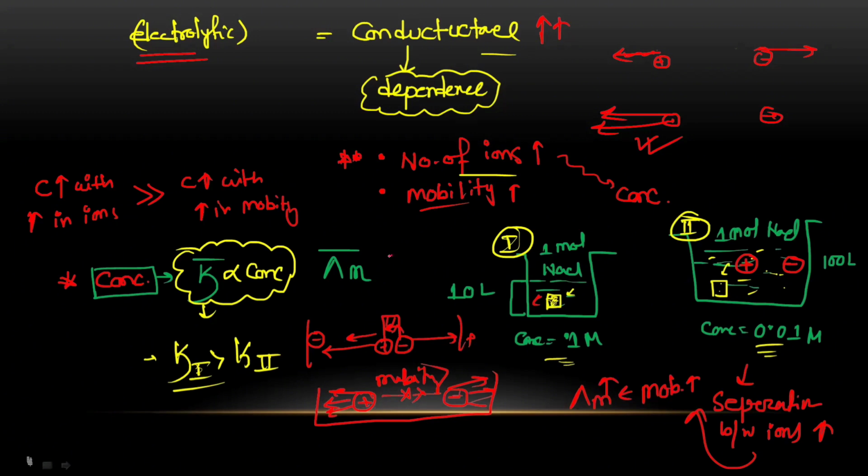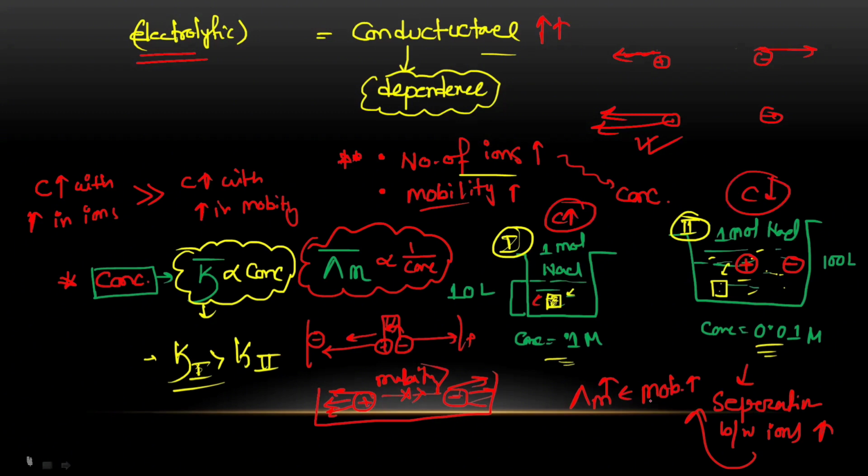For lambda m, this is basically proportional to 1 by concentration, isn't it? In dilute solution the concentration is less. Here concentration is lower, here concentration is higher. Where concentration is less, lambda m is high. So they are inversely proportional.